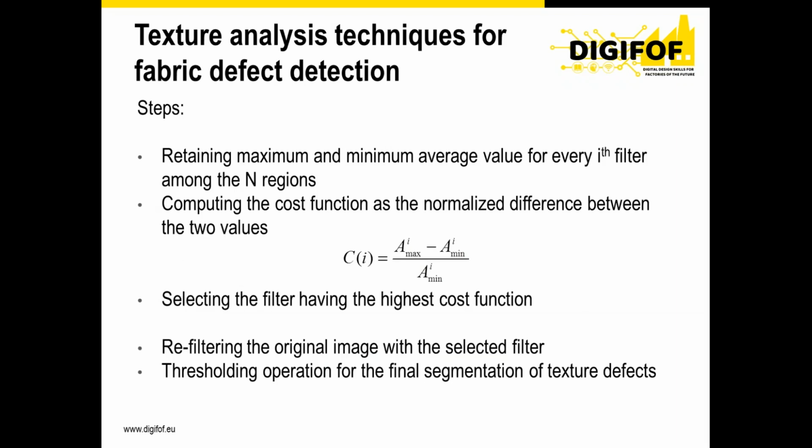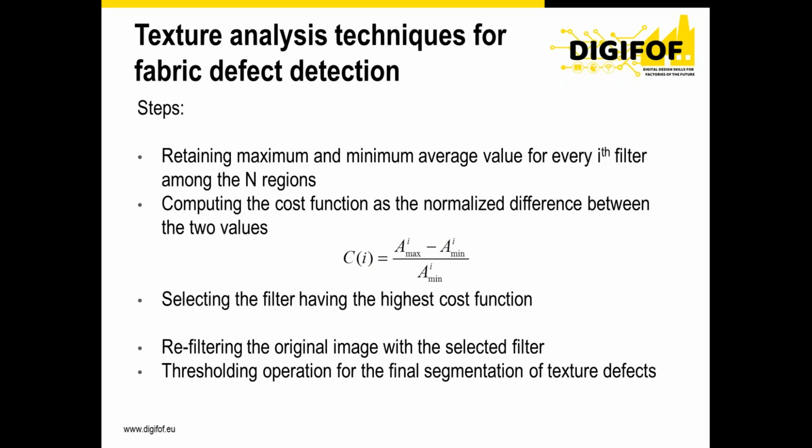We will retain all the results, but of course we will try to find out, using this kind of cost function, which is a normalized one, which filter will have the highest cost, meaning which one is the filter that has a better match with the n subregions that we have cut from the original texture image. And at the end, we will select the one that gives us the highest cost.